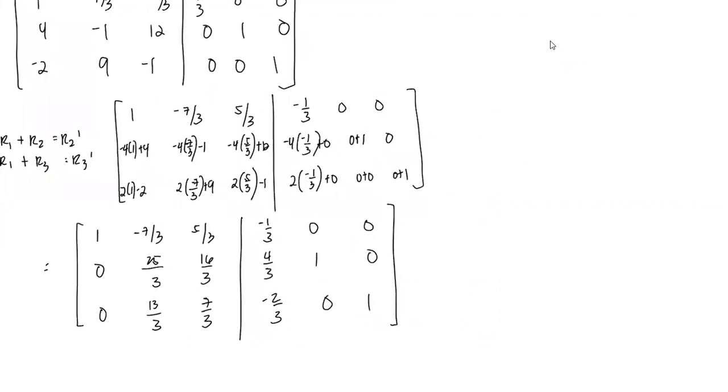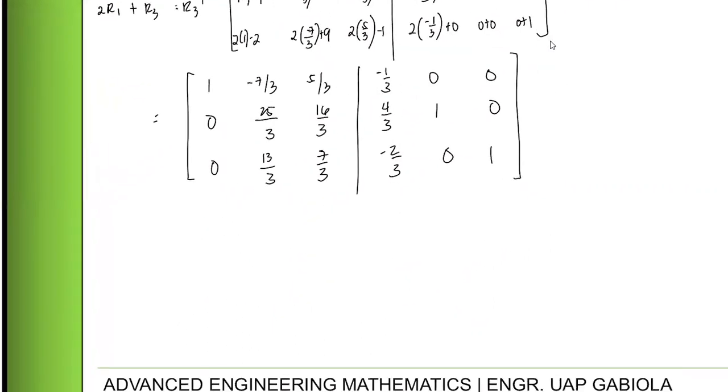Okay? Once na meron tayo yan, ang goal natin is to change muna yung ating second row para maging 1 siya. So to do that, kailangan multiply natin siya ng 3 over 25 yung R2 natin para maging new R2. Okay? So, even others will remain. Okay, copy lang natin.